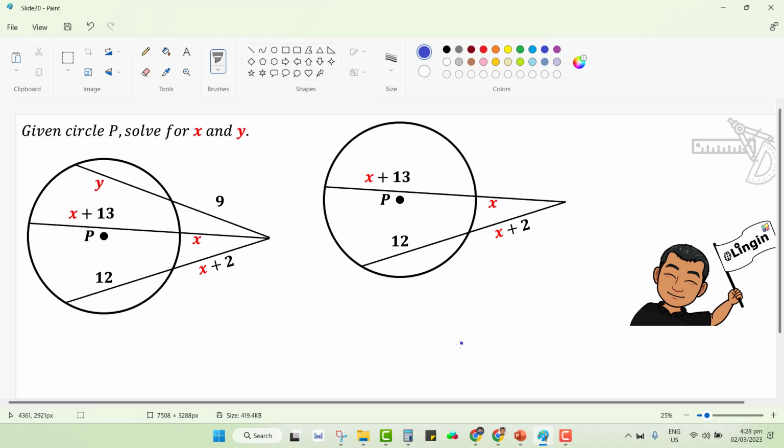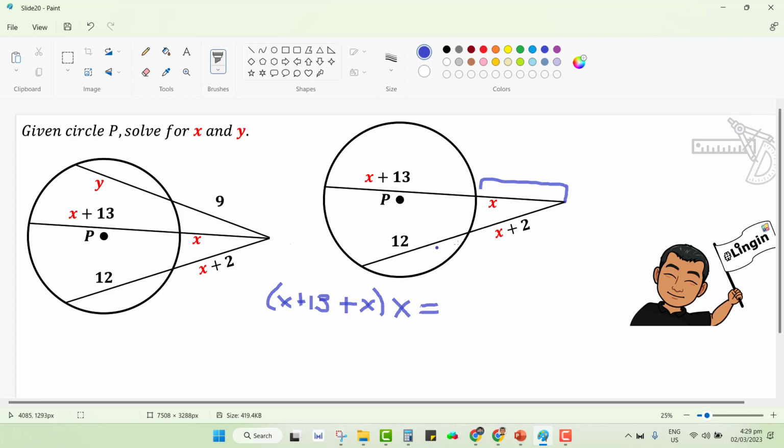Now, the secant-secant power theorem tells us that the product of the entire secant segment, which is x plus 13 plus another x, times the exterior segment x, is equal to the product of the same situation on the other secant segment.